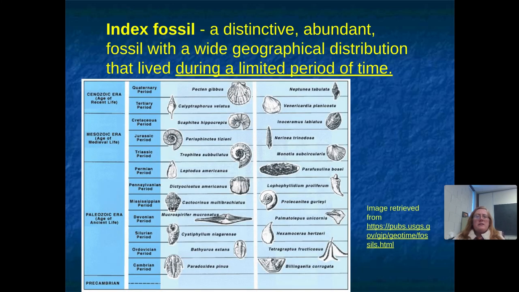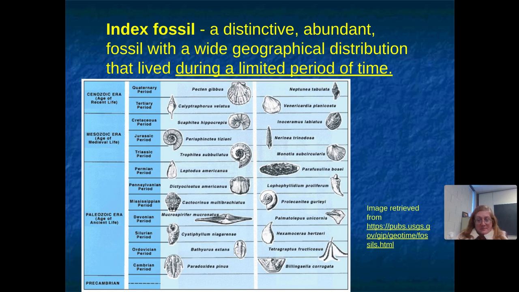We have mentioned that certain fossils are known for certain periods, like the trilobite got wiped out in this very first mass extinction, the Ordovician and Silurian extinction. So index fossils are a distinctive, abundant fossil found in a wide area, but only there for a very limited time.